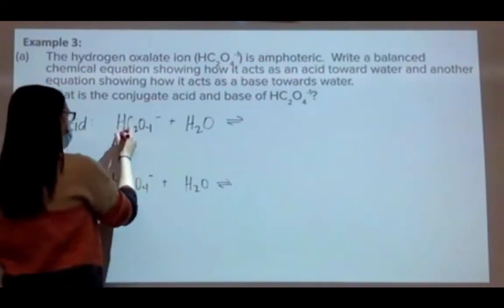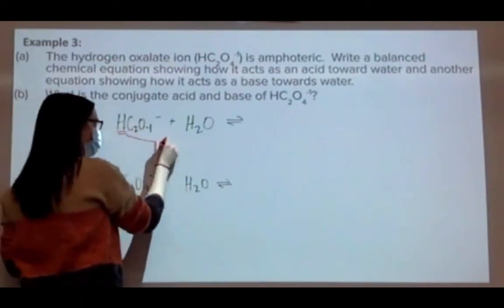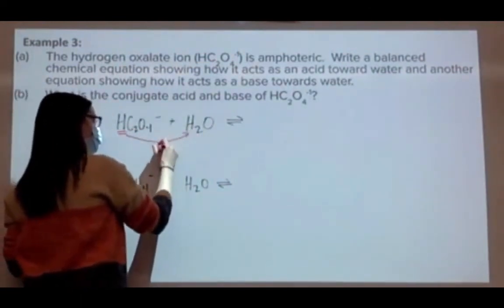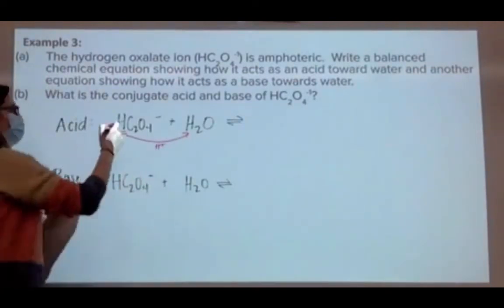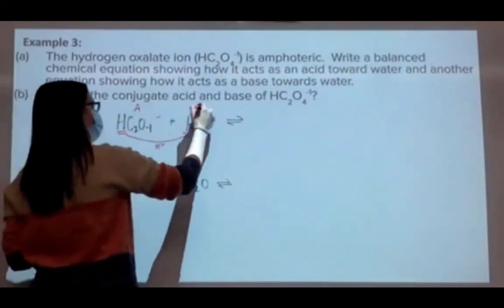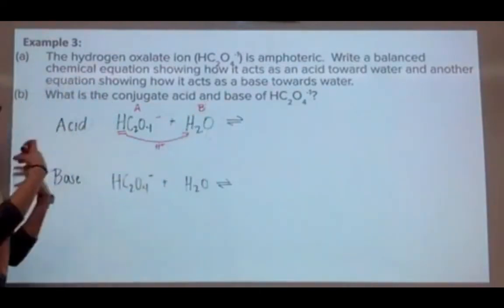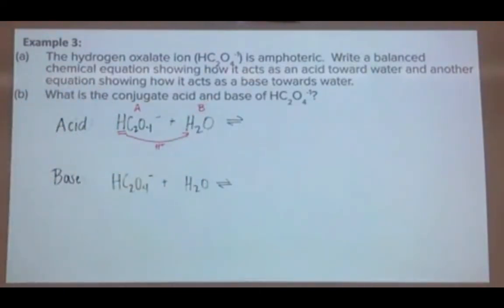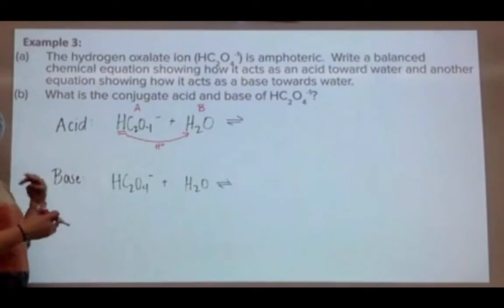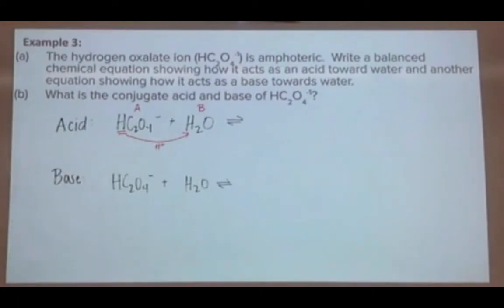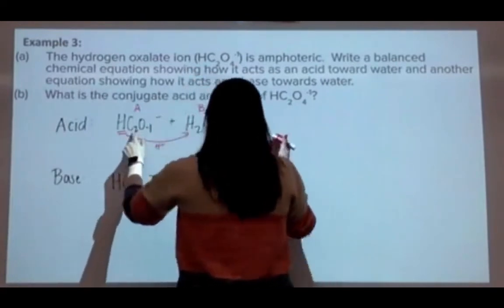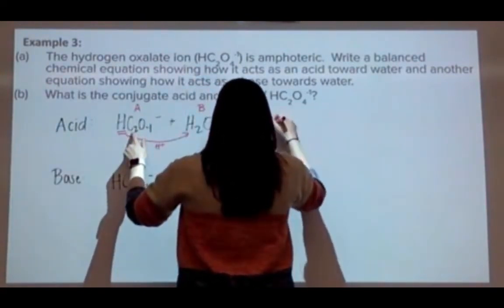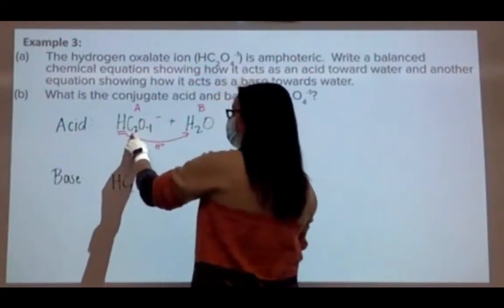Donate. Right? An acid donates its H plus to the other substance. So here, it's acting as an acid, meaning water is accepting, acting as the base. When the hydrogen oxalate ion loses its H+, it's going to become C2O4.